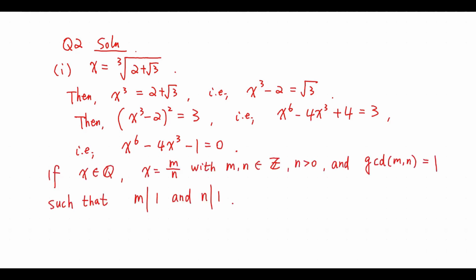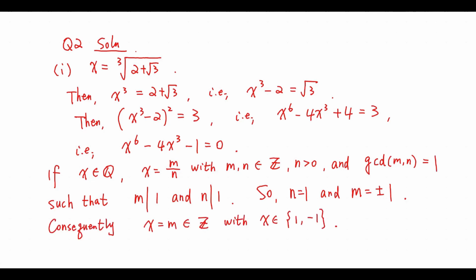If x is a rational number, then x equals m over n with integers m and n, and n greater than 0. The greatest common divisor of m and n equals 1, such that m divides 1 and n divides 1. So n equals 1 and m equals plus 1 or minus 1.